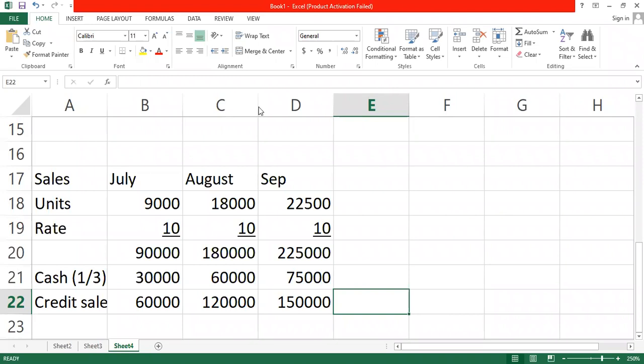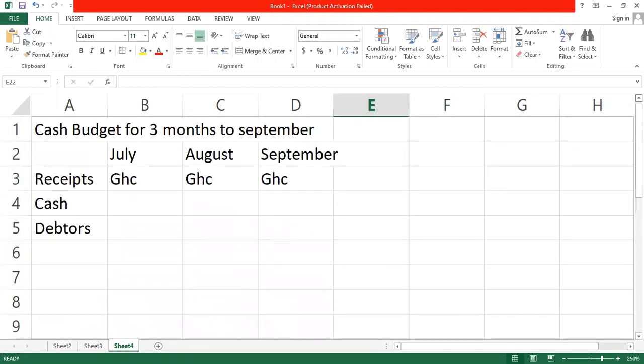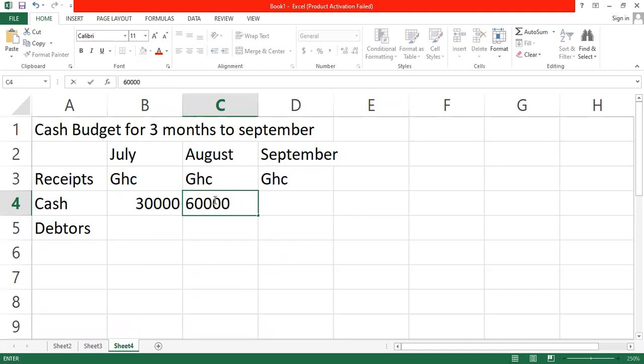Let's move on. Are we okay with that part? So our cash sales are immediate. So cash sales will be 30,000 for this one, 60,000 for this, and 75,000 for this. Are you okay?